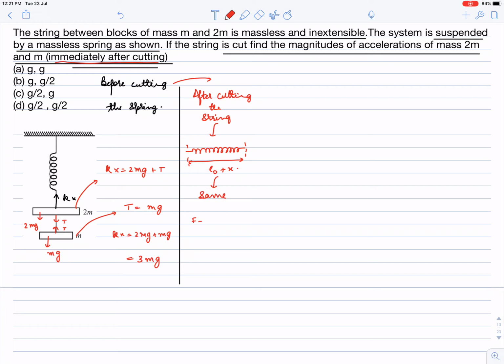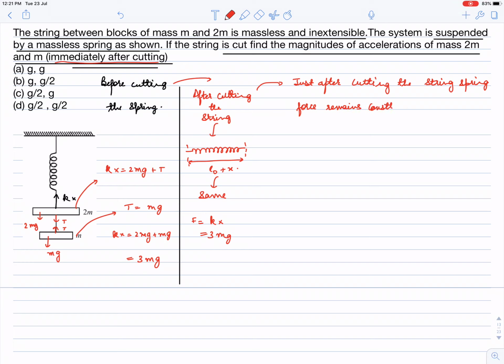So the spring force would still be equal to kx, or equal to 3mg. That means just after cutting the string, the spring force remains constant.